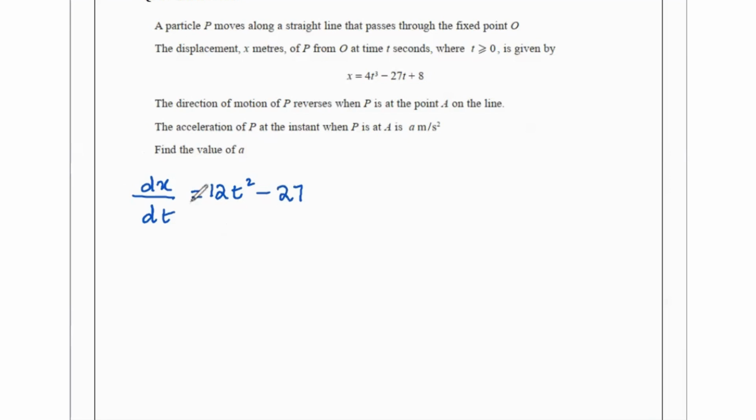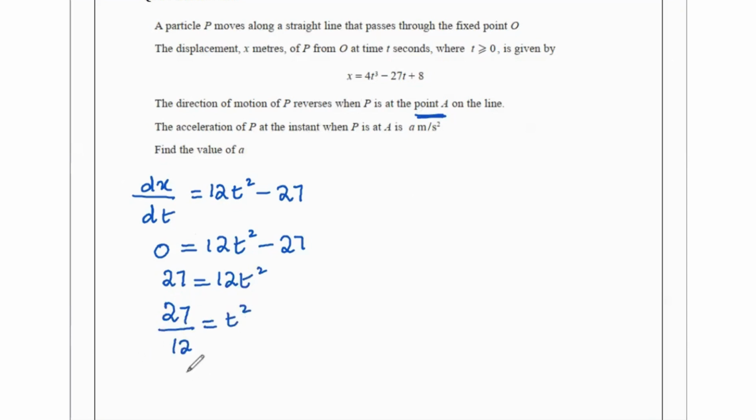So if we put the derivative of the displacement function equal to 0, that would give us the value of time at the point, which is point A. At that point, what time is where the motion is reversing. So 0 equals 12t squared minus 27. 27 equals 12t squared. 27 divided by 12 equals t squared, which is 9 over 4.